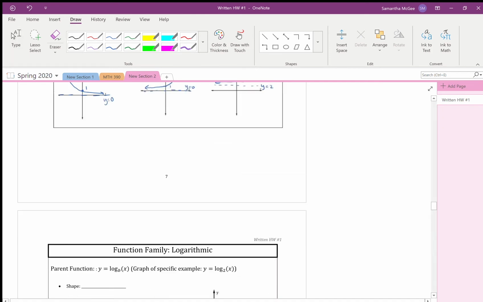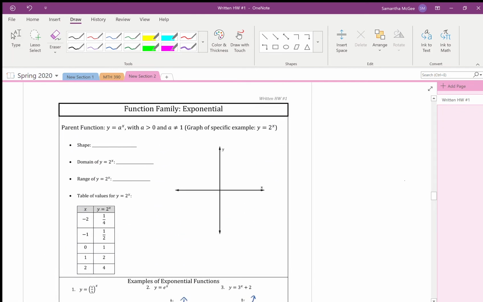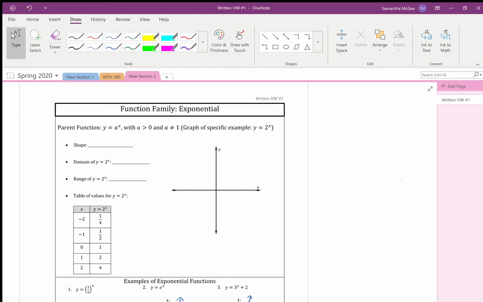If we look at the exponential family, we could use Desmos to get an idea of what it looks like. We have a horizontal asymptote at y equals 0, and the graph looks something like that. Notice I'm doing y equals 2 to the x as the example.